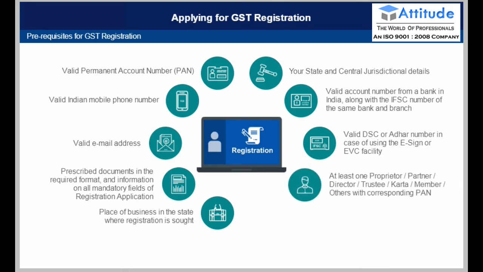At least one proprietor or partner or director or trustee or karta or member or others with the corresponding PAN. An authorized signatory who is resident of India with valid details including PAN. Once you have this information, you can go ahead and submit your GST registration application successfully.